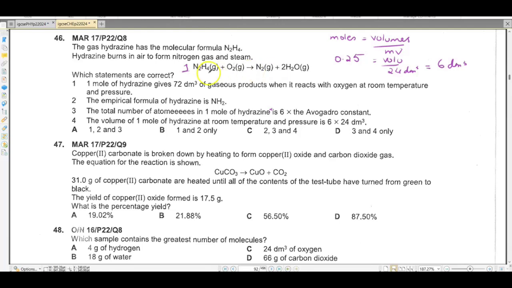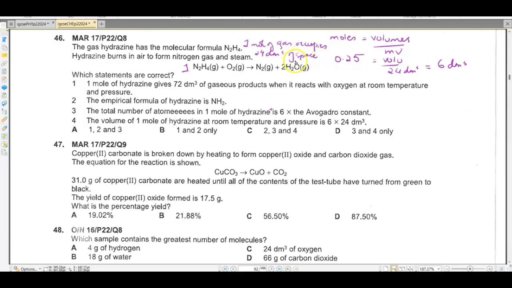So 1 mole of gas occupies 24 decimeter cubed of space.